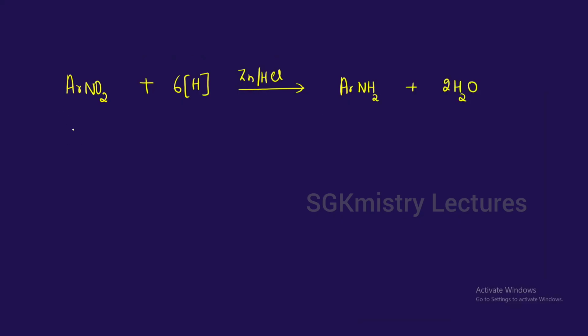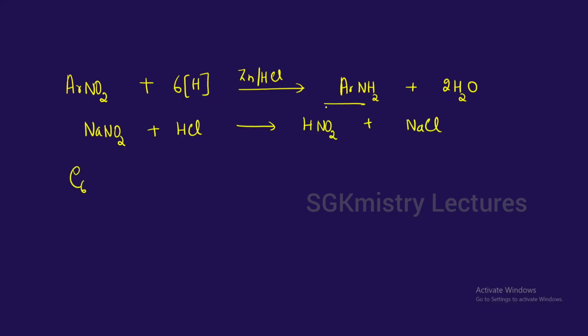So let us look into it. Suppose we take ArNO2, that is nitrobenzene. On reduction in the presence of zinc and HCl, we're going to get ArNH2, that is aniline, and water. Correct? Now, obviously, NaNO2 and HCl on reaction is going to give you HNO2, which is required for diazotization.